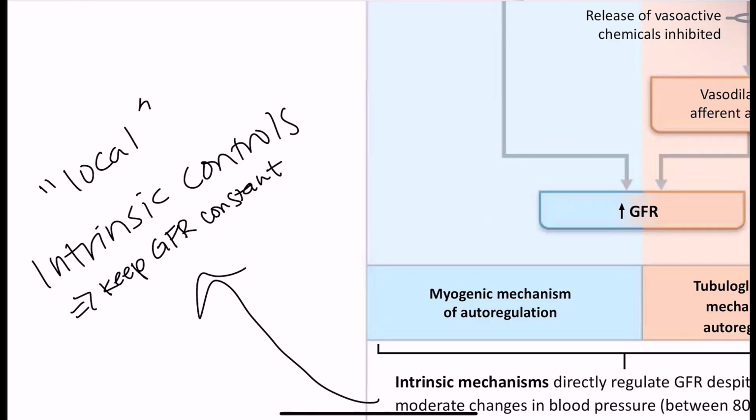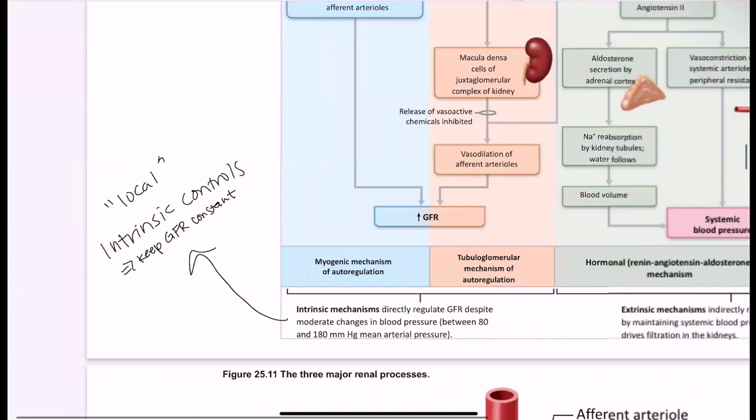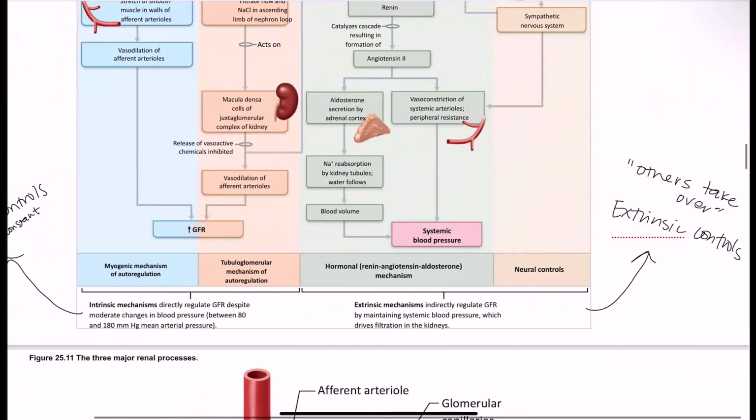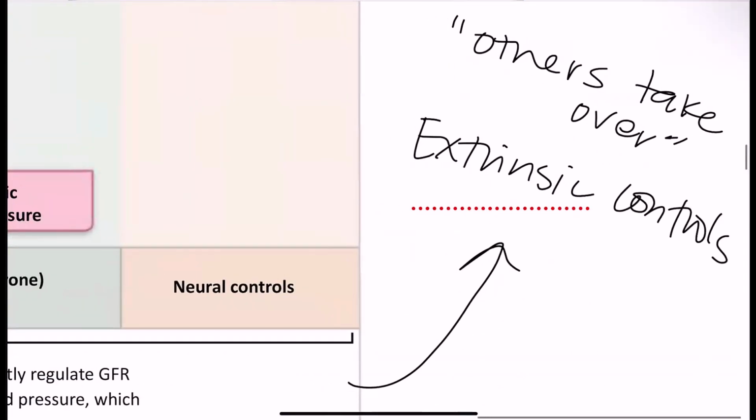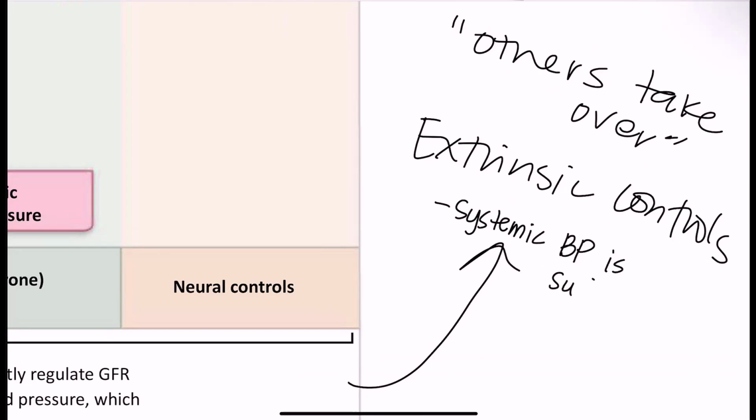And we're going to make adjustments to account for that. However, the extrinsic controls, remember these are the other body systems, care a lot more about making sure that systemic blood pressure is sufficient. Not too much, not too little.